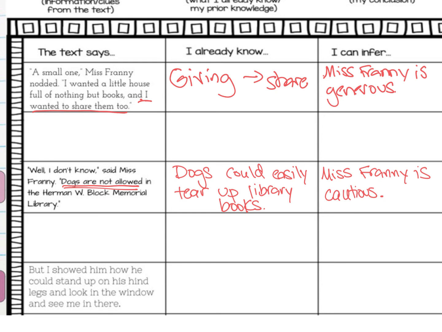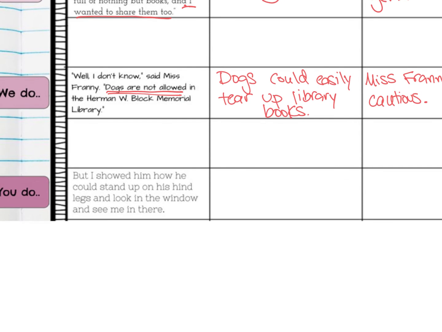She thinks it through. That's what cautious people do. They think through what might happen based on this decision. Now, this is an inference, guys. The author doesn't tell you Miss Franny is a rule follower. Miss Franny is cautious. We have to know that based on the clue. Okay? Let's look at the next text clue and see what inference we can make.